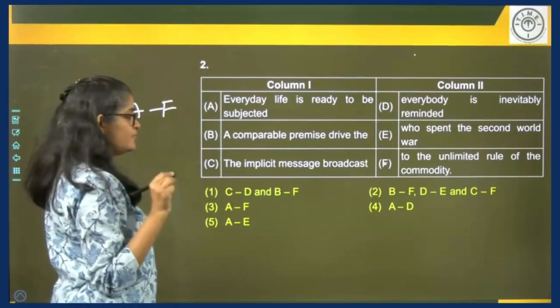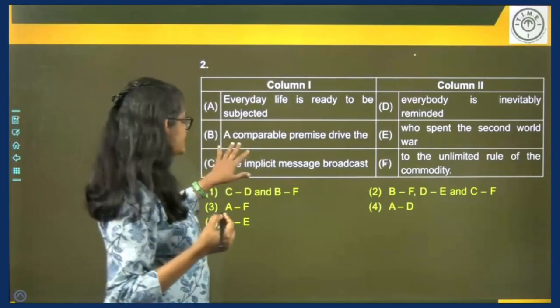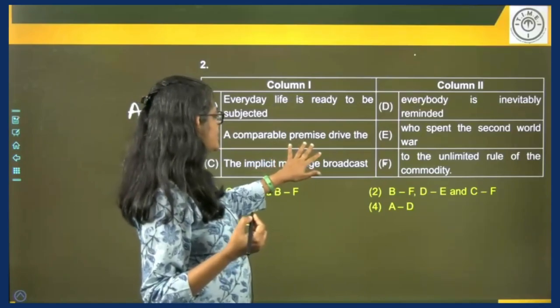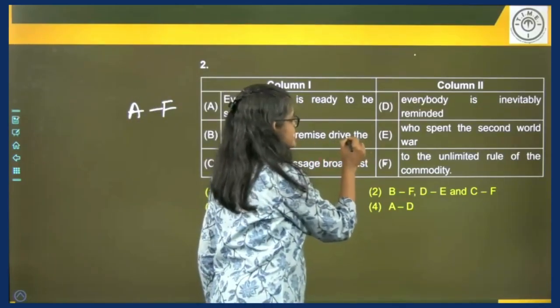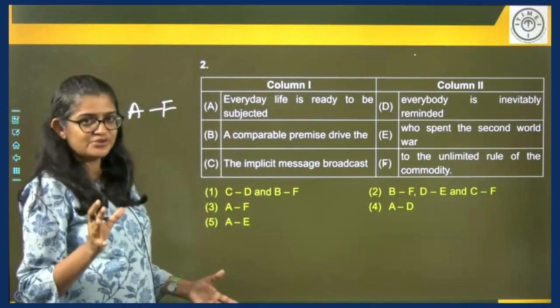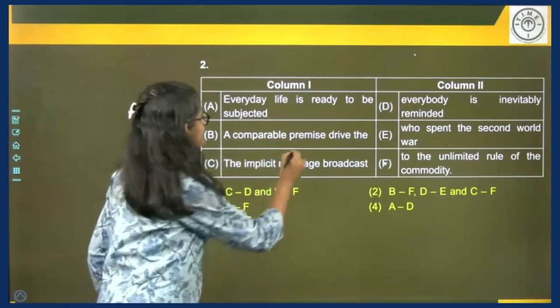Okay, now let us see if there are any other possibilities. A comparable premise drive the, first of all, there is a problem here. It should be drives the. That itself does not mean, there is no subject verb agreement in B, right? A comparable premise.